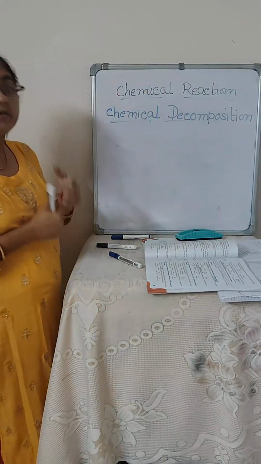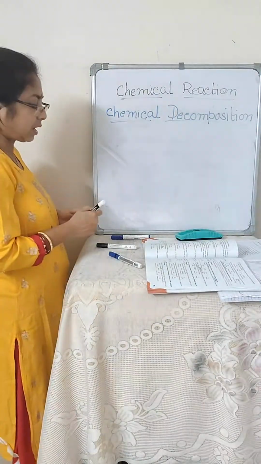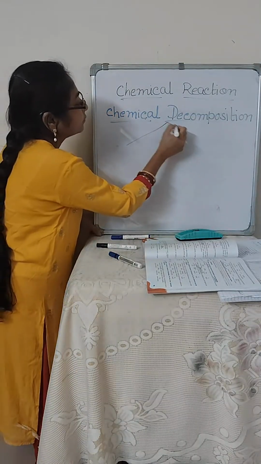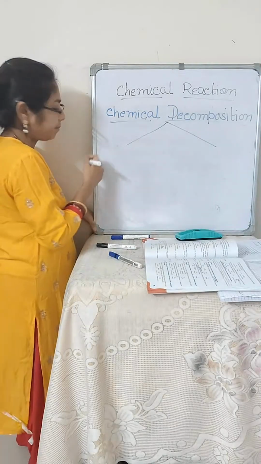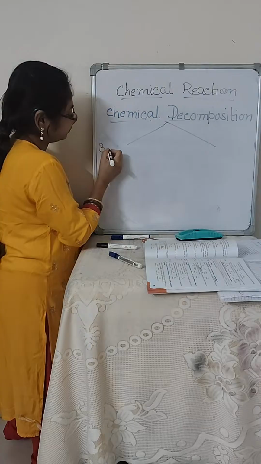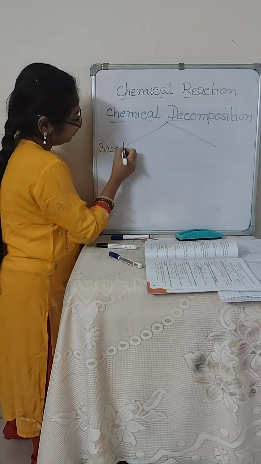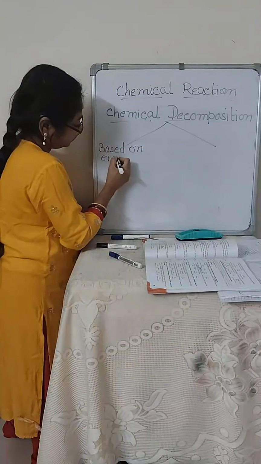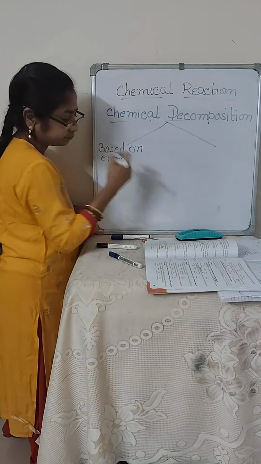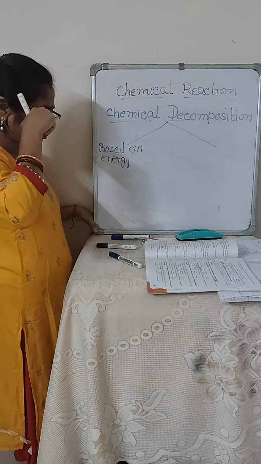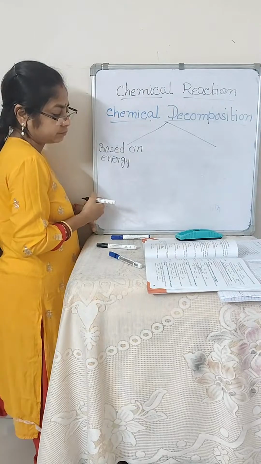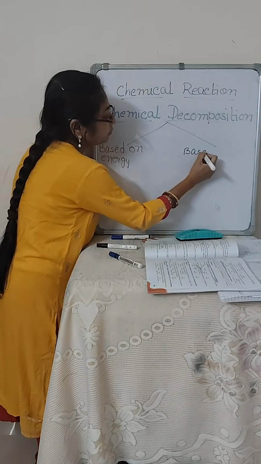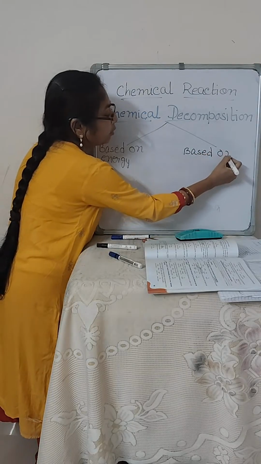Chemical decomposition has 3 types. Number 1, I write, you please do it. Based on energy, and based on product.